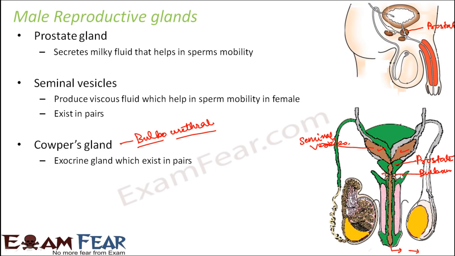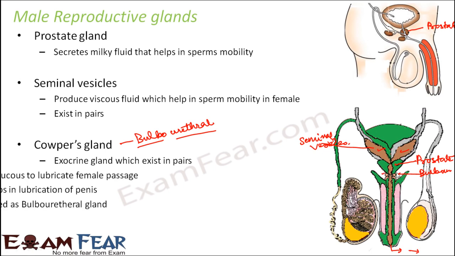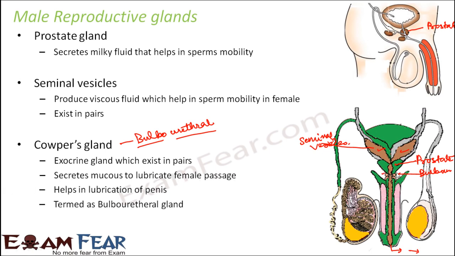Here also, if you see 1 and 2, it exists in pairs, and it secretes mucus to lubricate the female passage. Now the female passage as well as the penis both need to be lubricated so that the penis can be inserted inside the vaginal passage. That lubrication of both is provided by the secretion of the Cowper's gland. It secretes a slimy substance like mucus.